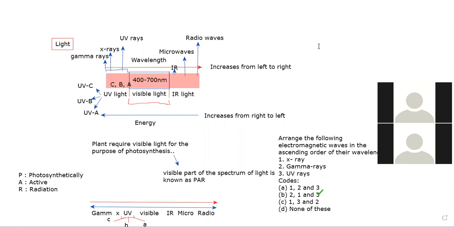Okay, good. So now the next thing which we are going to discuss is about the light. We know that the main source of light on this planet is the sun. So the sun is the main supplier of light.